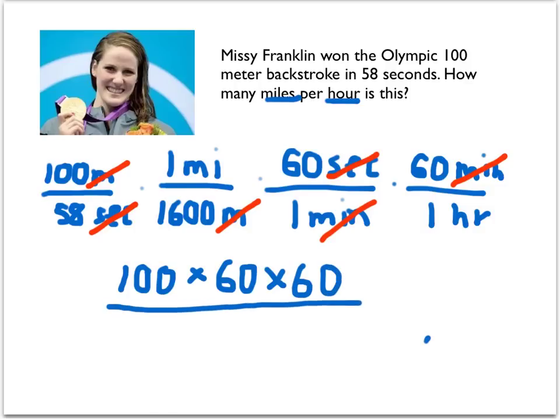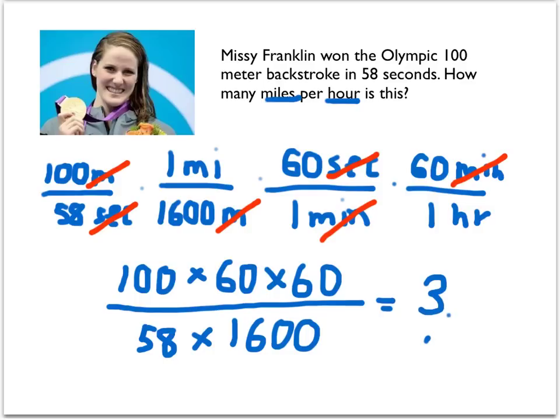That's going to be in your numerator. And the bottom then I'm going to divide by 58 times 1,600. We'll show you how to do this in your graphing calculator. And the answer I came up with was about 3.88 miles per hour. Doesn't sound real fast, but for a swimmer, that's pretty darn good.